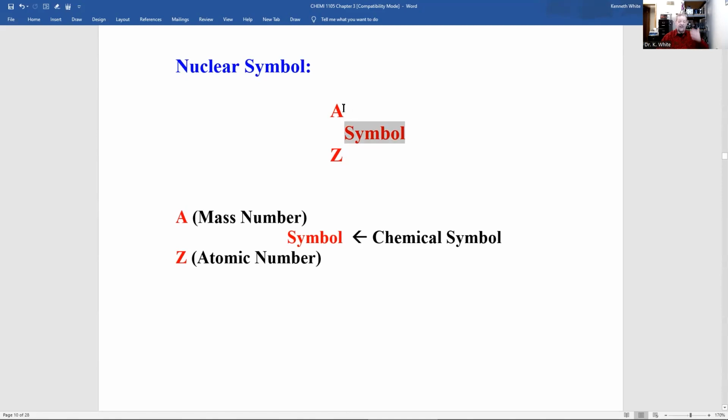Let's back up. Nuclear symbol, something I've never used, and it won't be on my test or final. But A is the atomic mass number, Z is the atomic number.